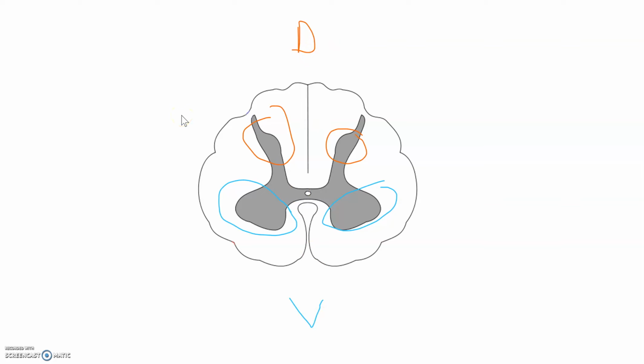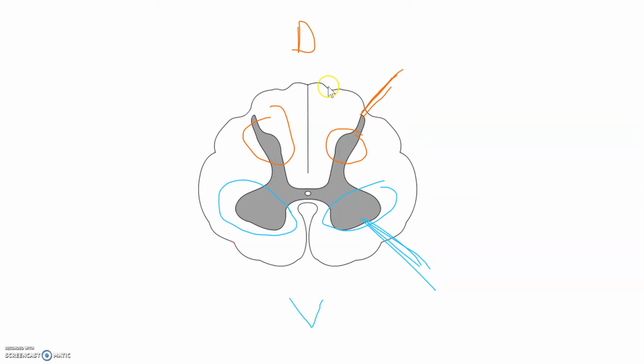So the next thing we can do is start to draw these roots. We're going to have dorsal and ventral roots, and I like to think of this kind of like a tree, where you start at the roots. So we can start to draw these roots coming off of the horns. I'll draw these in orange, so we can be consistent with the colors. And then your ventral roots can come out this way as blue.